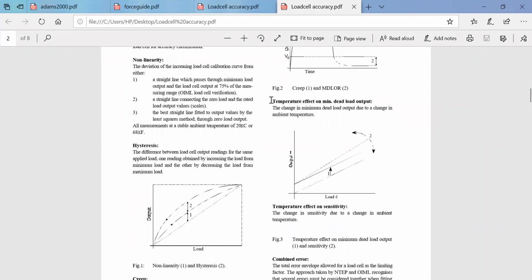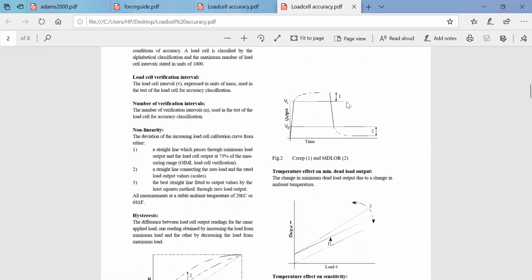The next term you should understand is the temperature effect on minimum dead load output. When you apply the load at a specific room temperature, it will show some reading, and when you keep that load for a certain period, the effect of temperature will come out across the 30-minute dwell time.